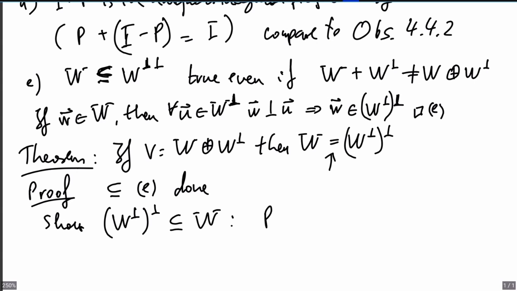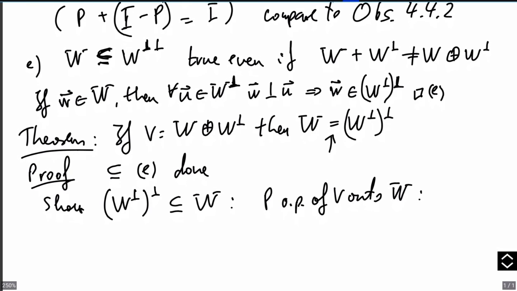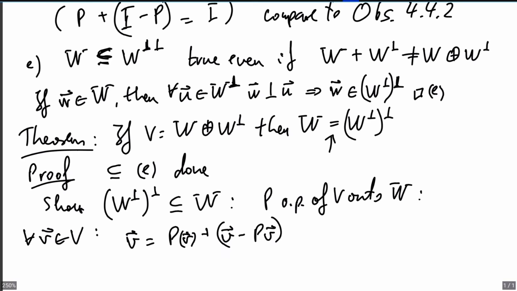So using P, the orthogonal projection of V onto W, what we have is that for all vectors v from the vector space, we write v as Pv plus v minus Pv, and this is unique.